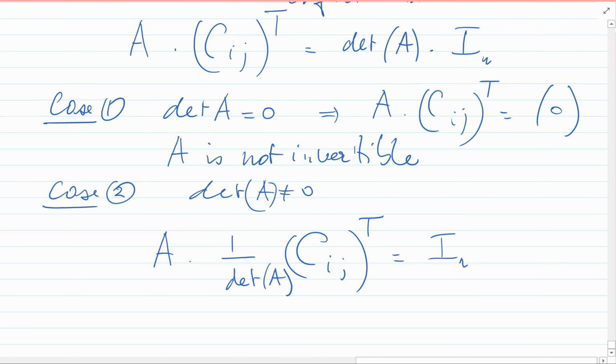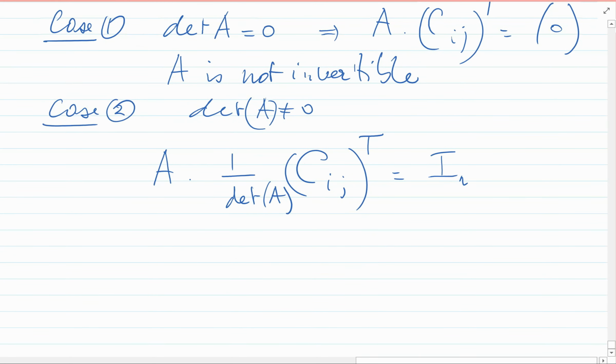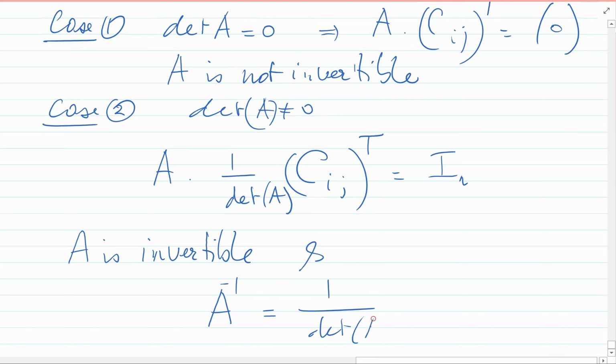It's very easy to see that the product here is commutative, and therefore A is invertible. And A inverse, we have a formula: 1 over the determinant of A times Cij transpose.